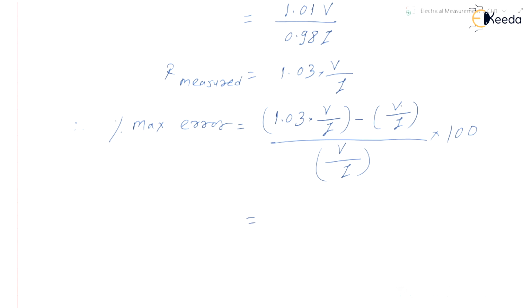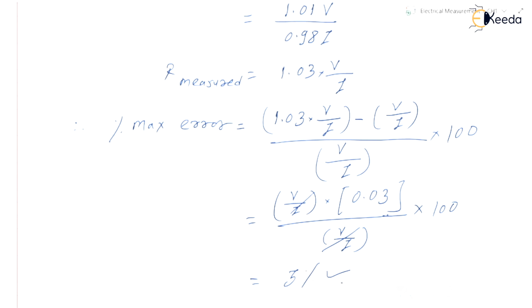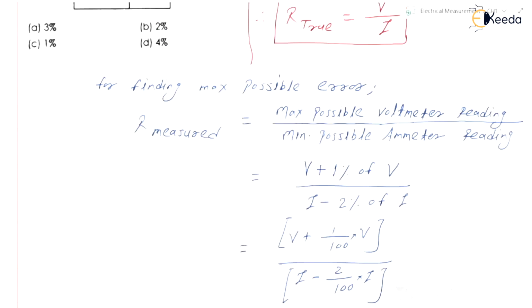So we can take V by I outside. Therefore it is V by I into 1.03 minus 1, so 0.03, divided by V by I again, into 100. This V by I will get cancelled, so it is 3%. So the maximum error is 3%, right?